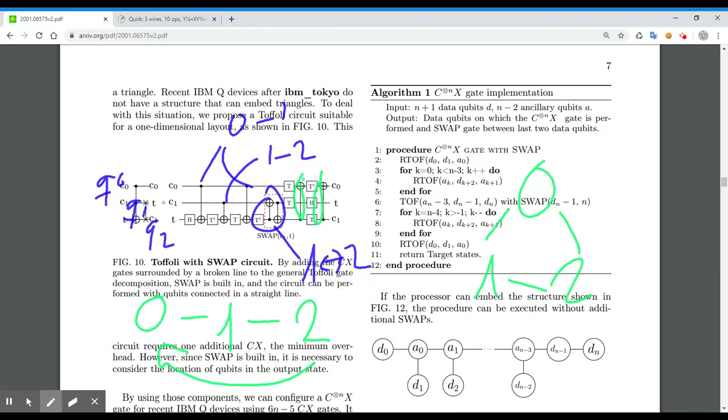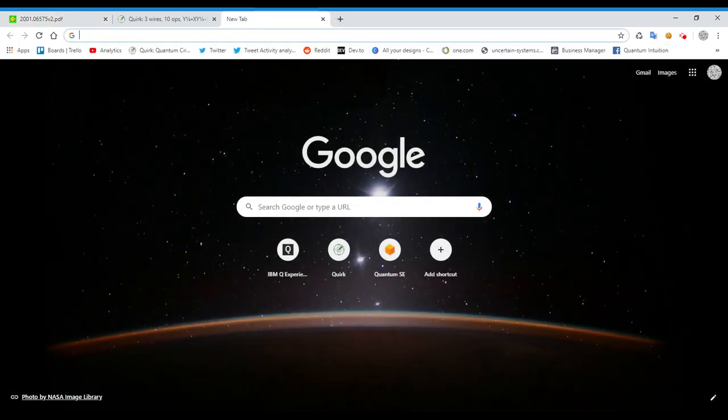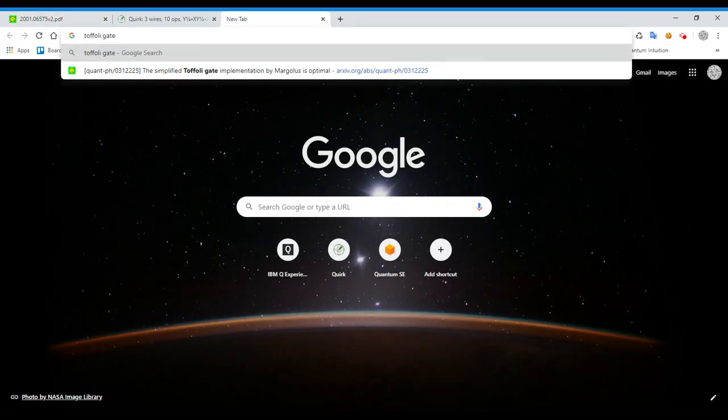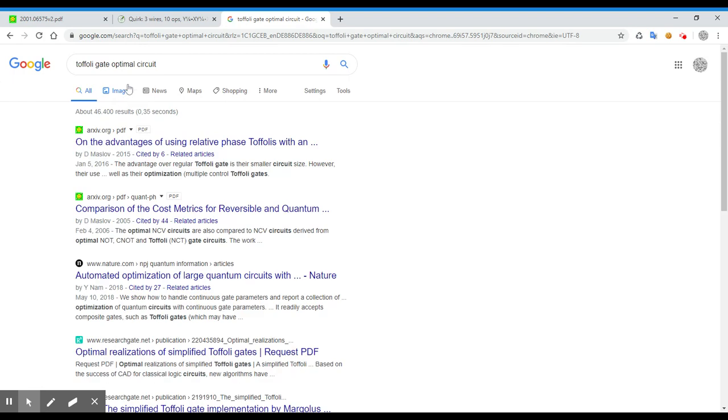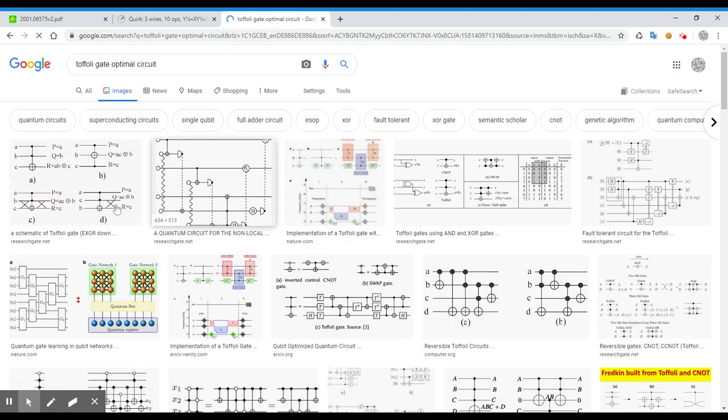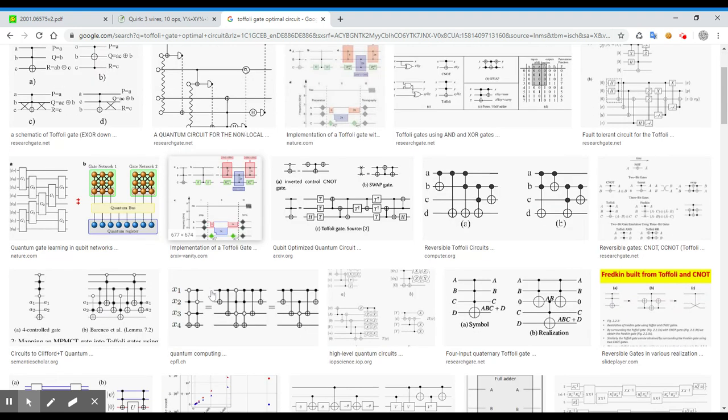Okay, but I see the trick. But if we add a, what's the Toffoli gate optimal circuit? One, two, three, four, five. No, that's not it.